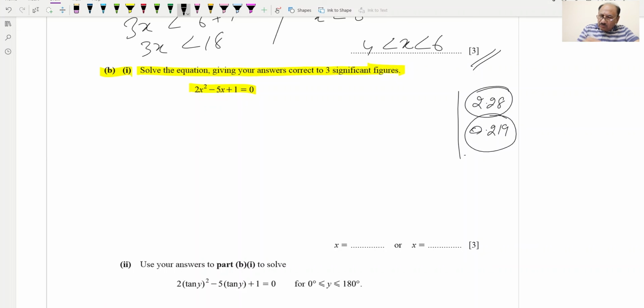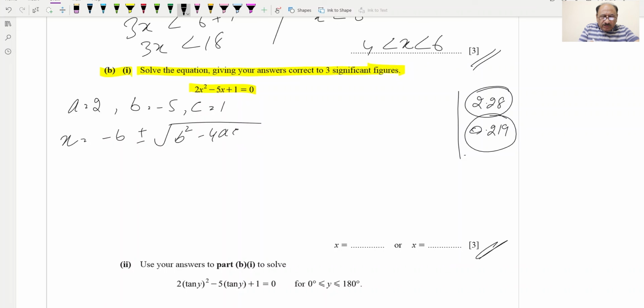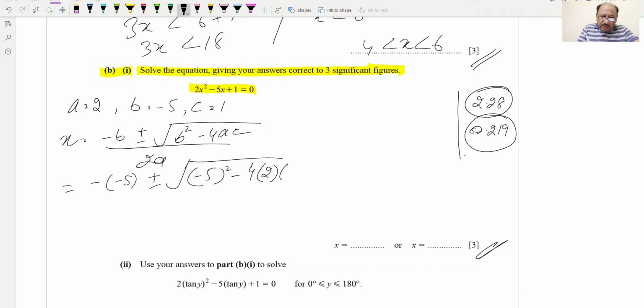And now we can show the working and we will solve. So A is equal to 2, B is equal to -5, and C is equal to 1. Quadratic formula: minus B plus minus square root of B squared minus 4AC over 2A, and replace the values in brackets. So minus B will be minus this one, so plus minus square root of -5 squared minus 4 into 2 into 1, over 2A. 2A means 2 into 2.